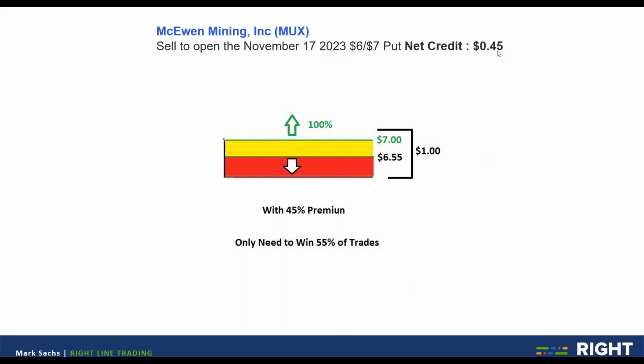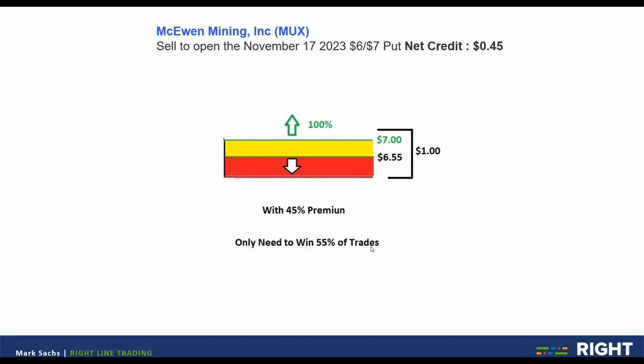A tight vertical width with a very high implied volatility, so that you can garner a significant amount of money when you sell the spread, and the risk you take is really minimal. Now, if you can consistently take trades like this, you only need to win 55% of your trades.